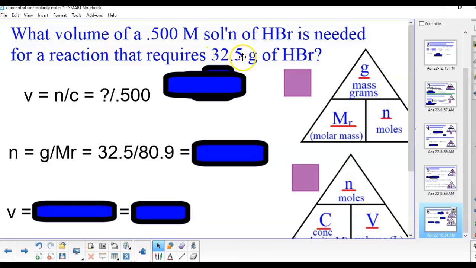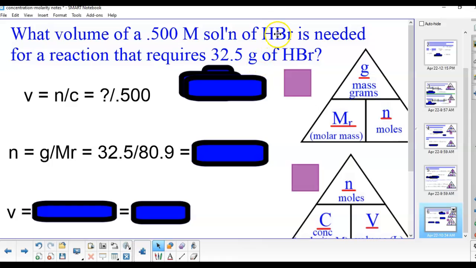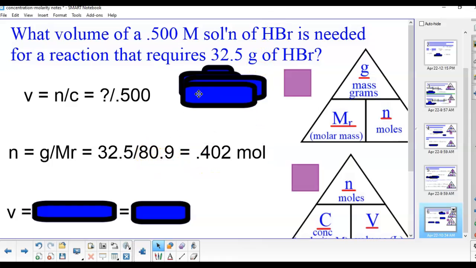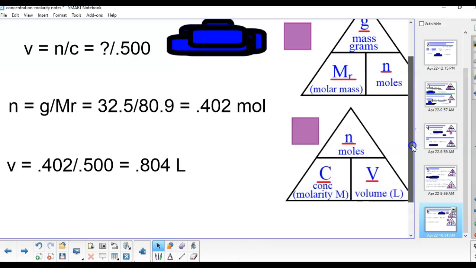I'm given 32.5 grams in the problem. I looked at my periodic table and added H plus Br and got 80.9. I got that many moles. Now remember, we're going to plug that into this question mark up here. Our moles divided by our volume gives us the liters of solution that we would need.